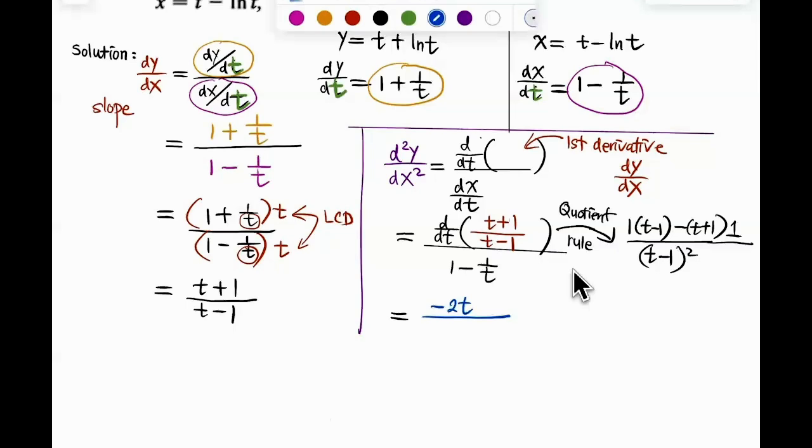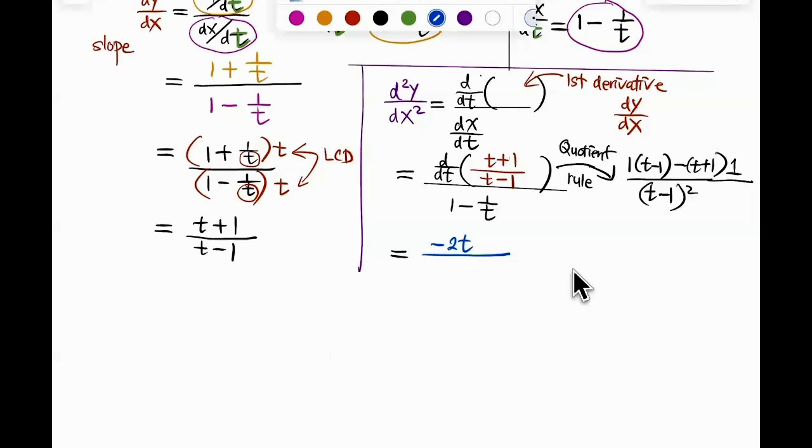Oh, I'm sorry, let's go back. It's negative 2, so this t minus that, so it's negative. You got it, you're right. So it's negative 2 over t minus 1 squared. So you got that one.